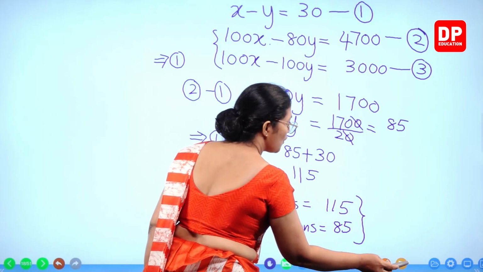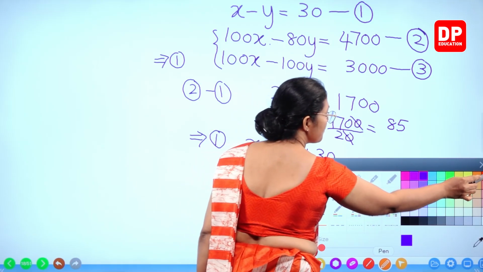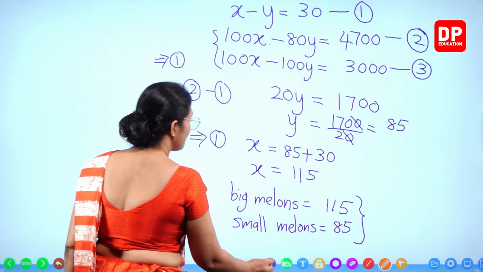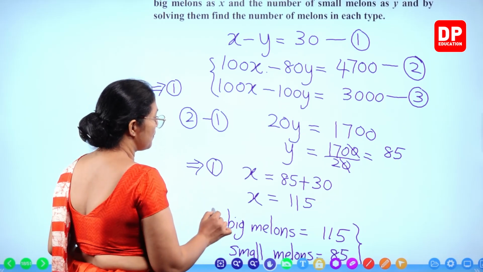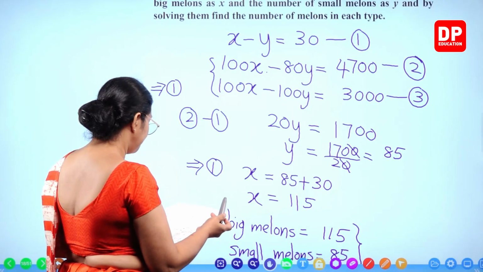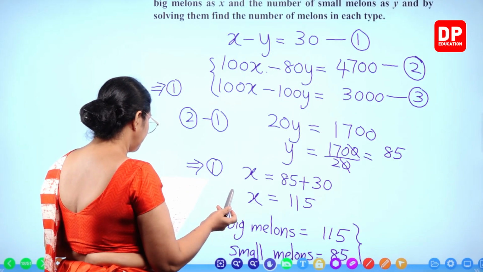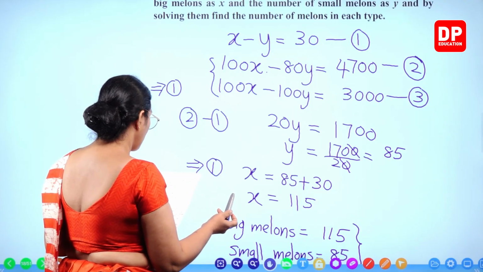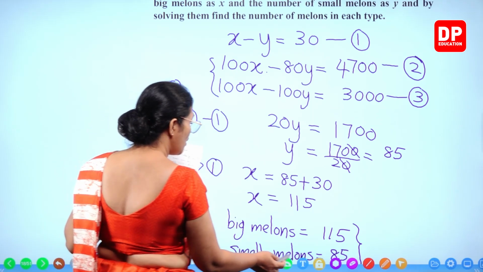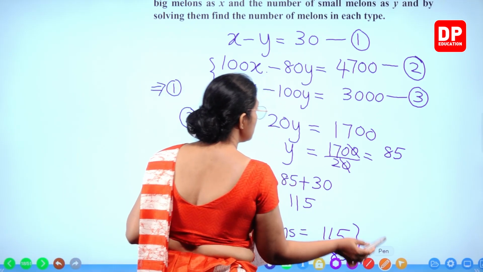So how many marks for that part? You are getting 2 marks for writing the two equations.